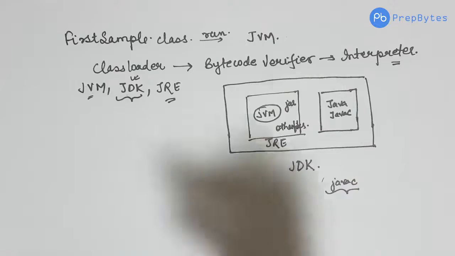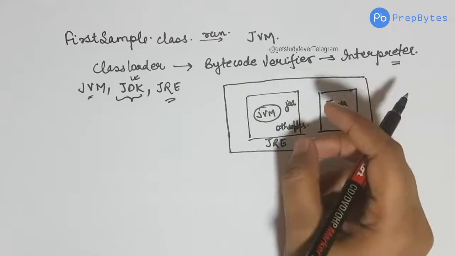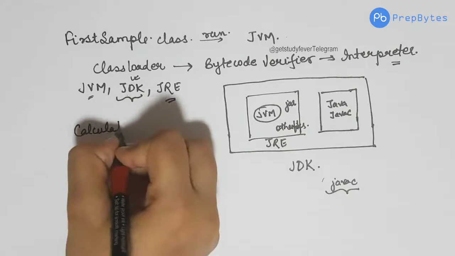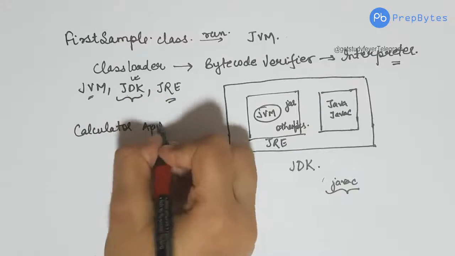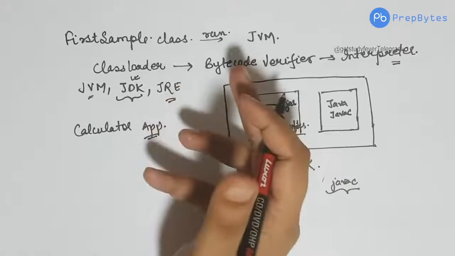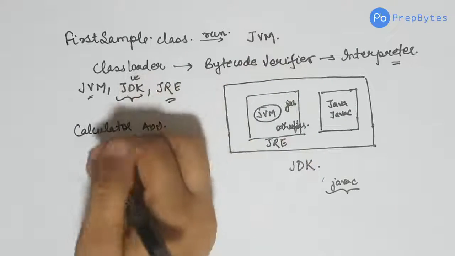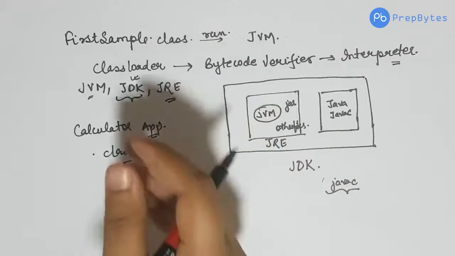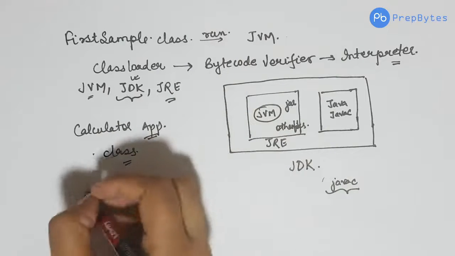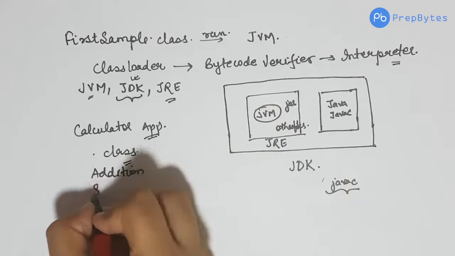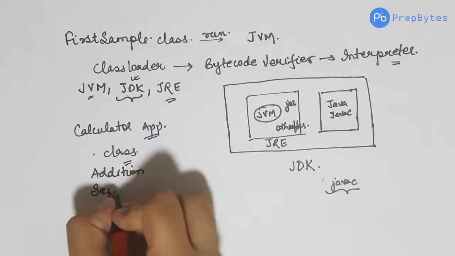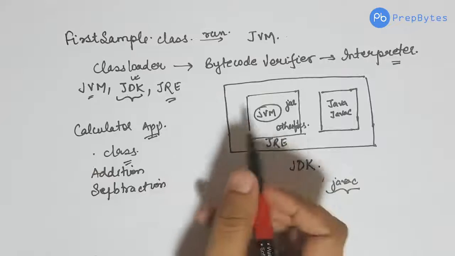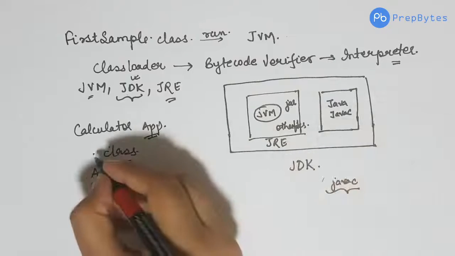So now let's see what a jar file is. Let's say I've built a calculator application. In a Java application you have several .class files. Let's say I've written a Java program for addition, and I've written a separate class for subtraction. For several functions of the calculator, I have written a separate class file and saved them as .class.